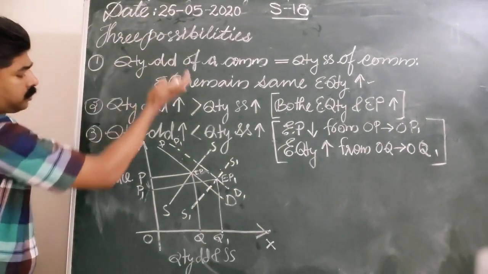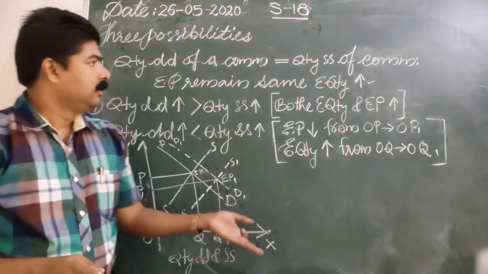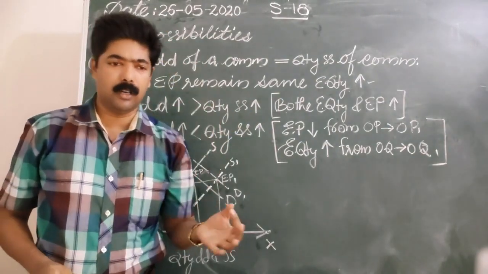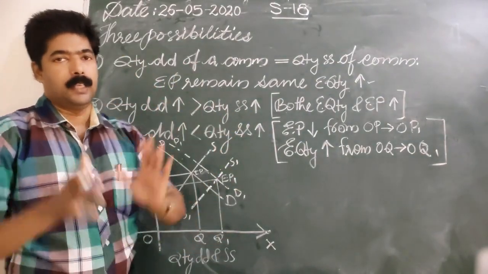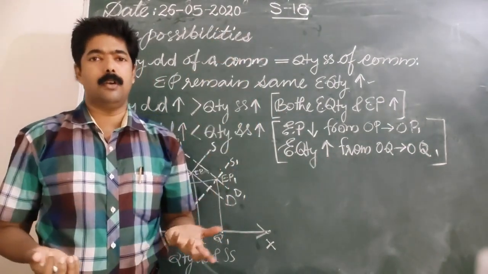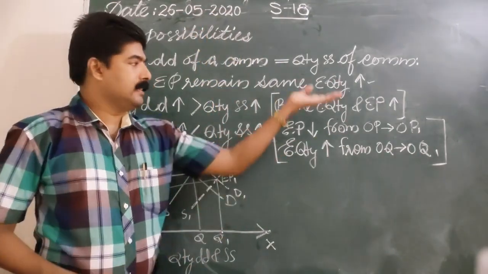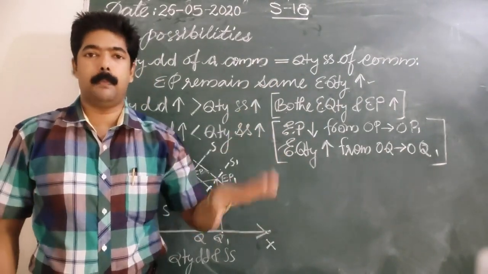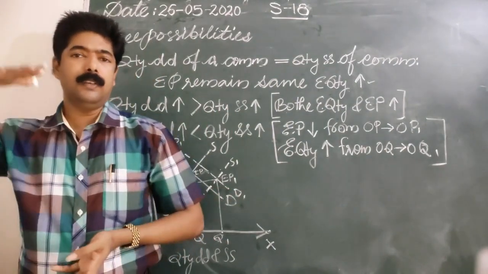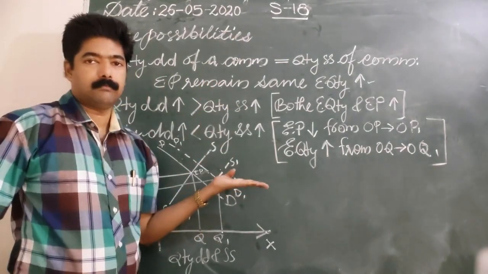So these are the three possibilities that can happen in a market, or these are the three effects when simultaneous changes occur in demand and supply. Keep in mind that in any market, if there are shifts in demand and supply, that means increase or decrease in demand along with changes in supply, then there can be three possibilities.